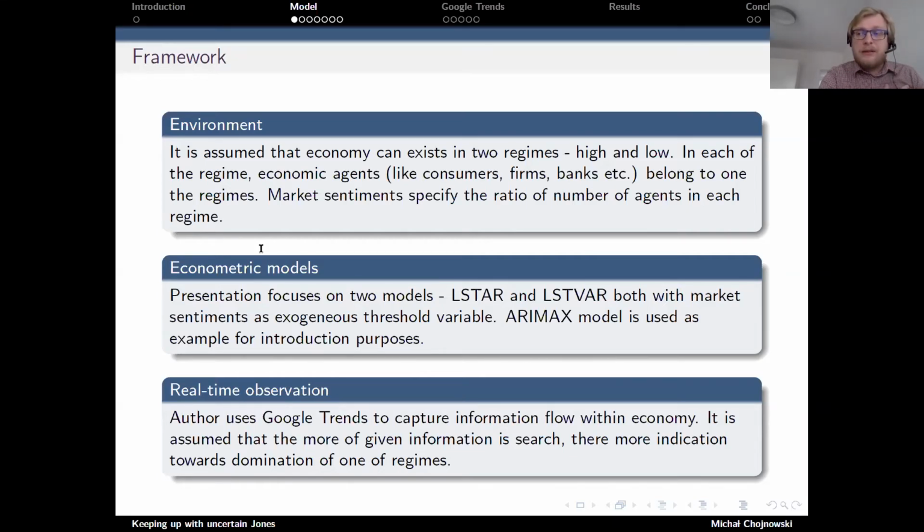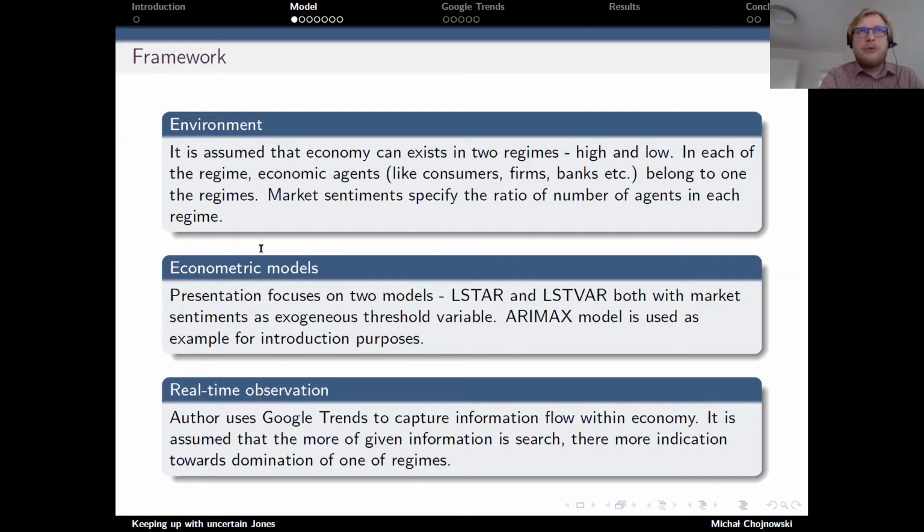In the literature, and also in this method, I assume that there are two regimes, and those two regimes are not, let's say, easily defined by the literature. So I want to keep in mind that the definition of the regimes is not that straightforward.